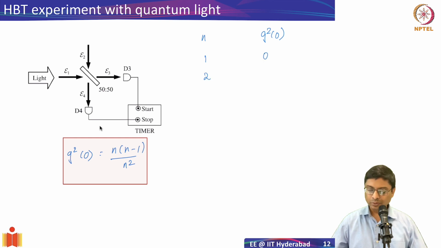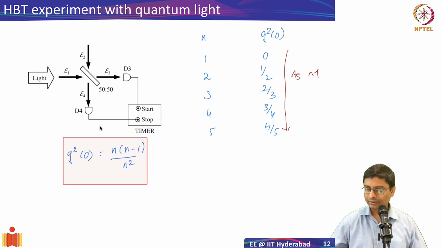Number of photons is 2. This is going to be equal to n minus 1. So, it's going to be half. Number of photons is 3. This is going to be 2 by 3. Number of photons is 4. It's going to be 3 by 4. And similarly 4 by 5. Okay. So, essentially, as n increases, G2 of 0 approaches 1.